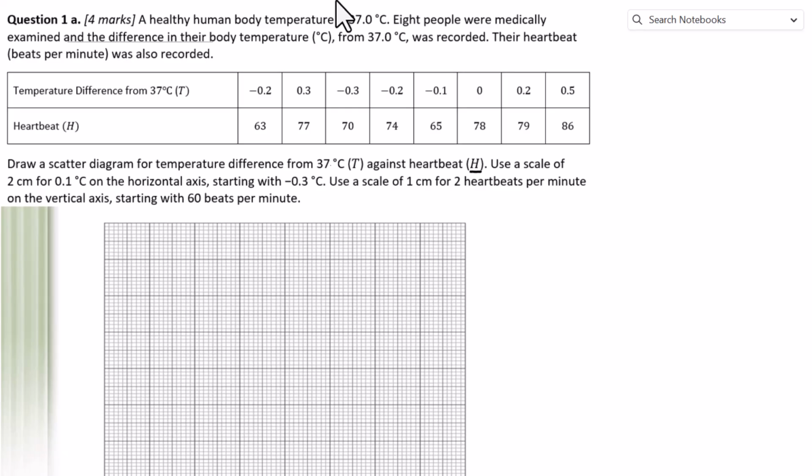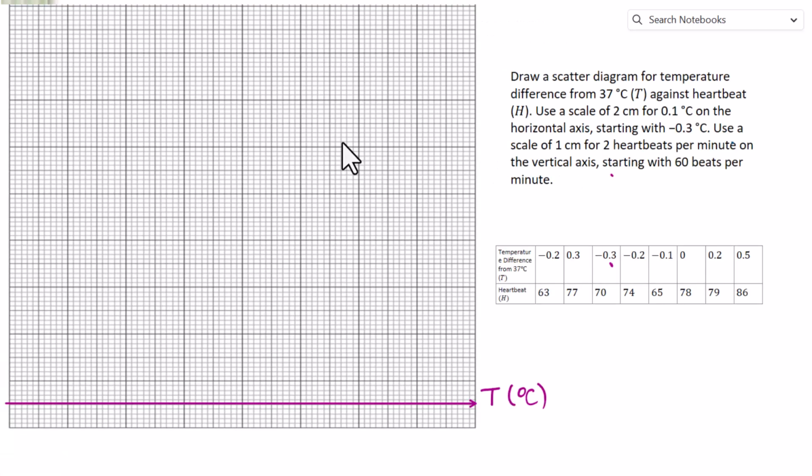Use a scale of 1 centimeter for 2 heartbeats per minute. Based on this given information, for the horizontal axis, 2 centimeters for 0.1 degree Celsius. Start with negative 0.3 degrees Celsius.